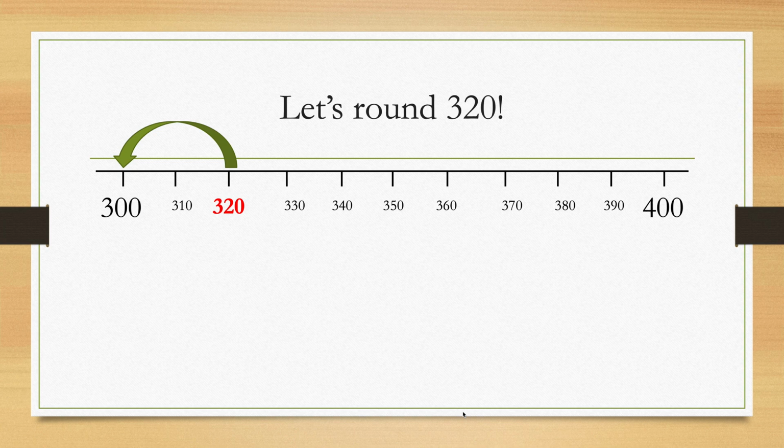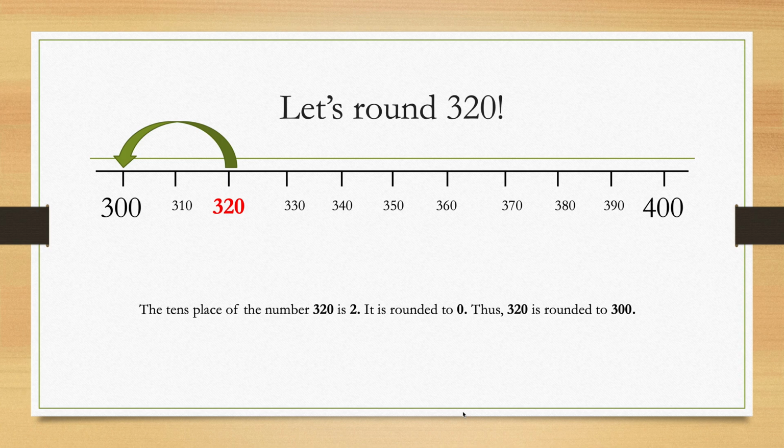It's 300 and 320 is rounded to 300 because as per the trick, if the tens place is rounded to 0, then the whole number will be rounded to the smaller 100. So 320 is rounded to 300. The tens place of 320 is 2. It is rounded to 0, thus 320 is rounded to 300.